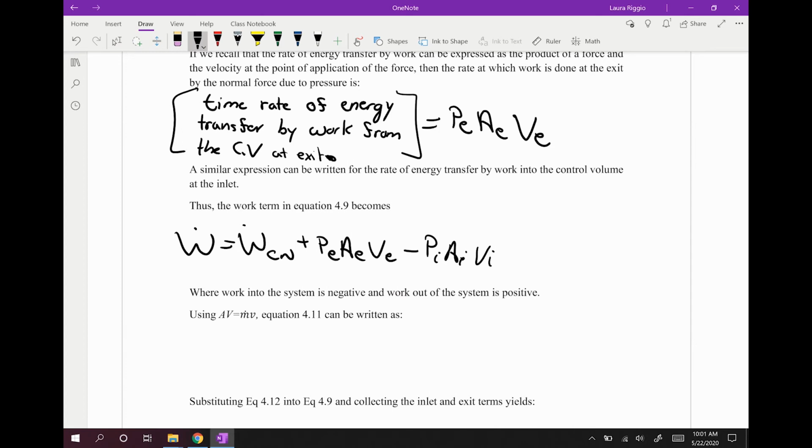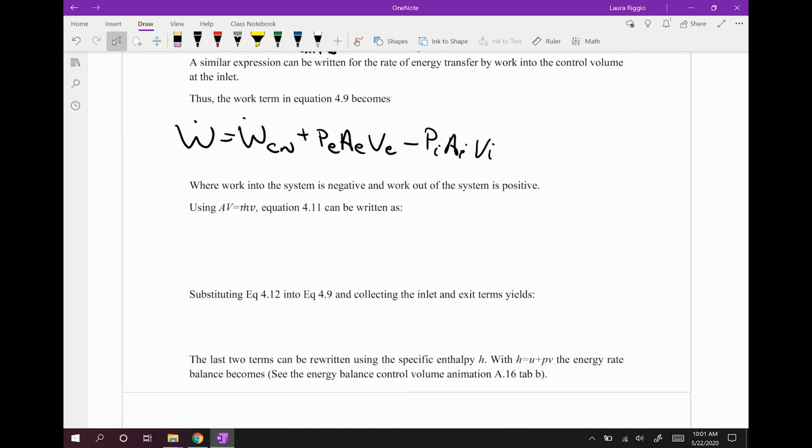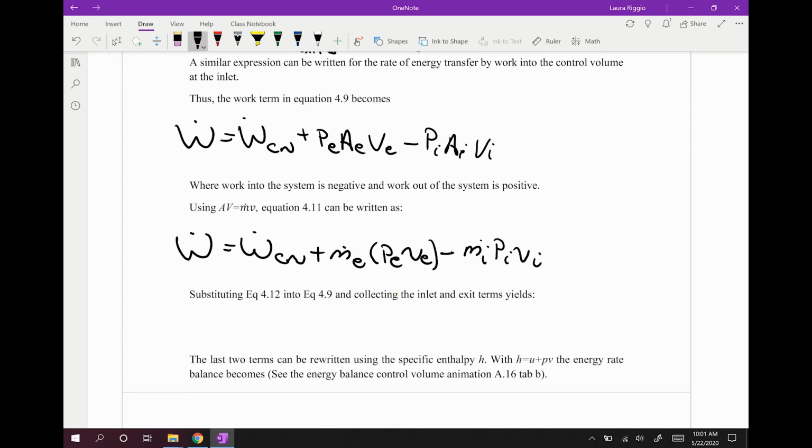If we use the fact that our area times our velocity is equal to our mass flow rate times our specific volume, we get that our work is equal to our other forms of work plus our mass flow rate at the exit times our pressure times specific volume minus our mass flow rate at the inlet times our pressure and specific volume at the inlet.